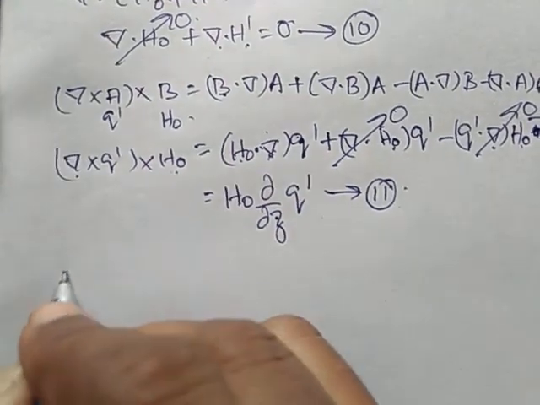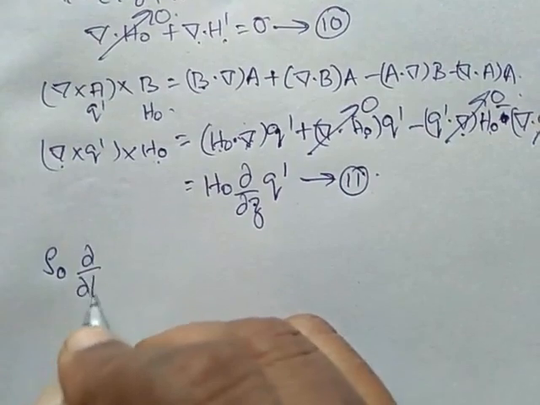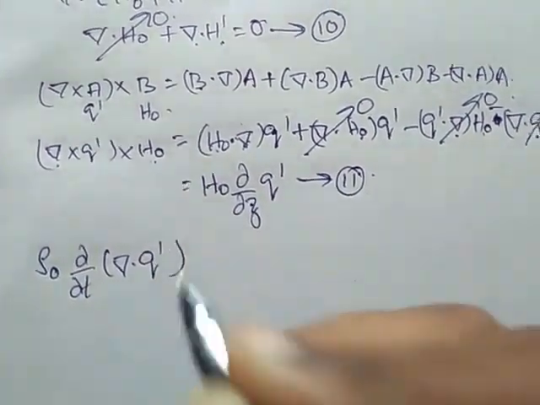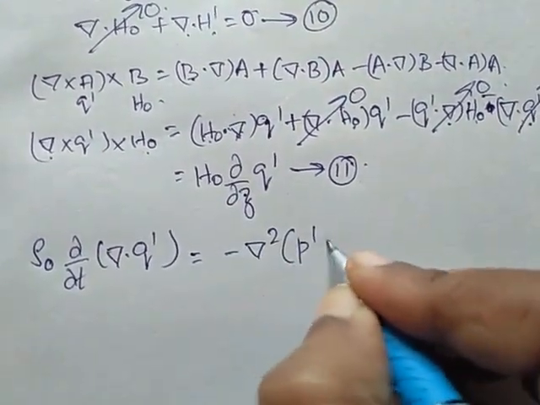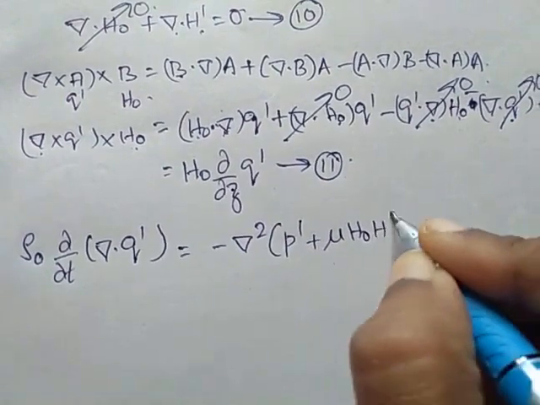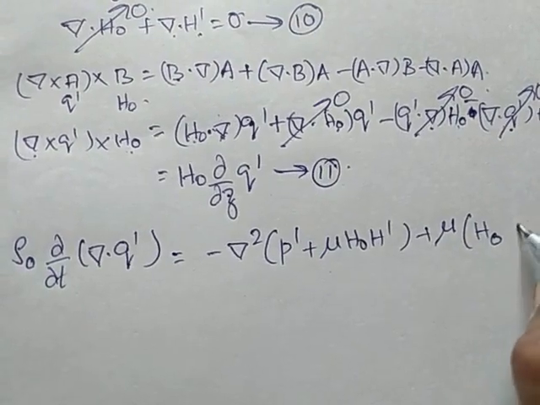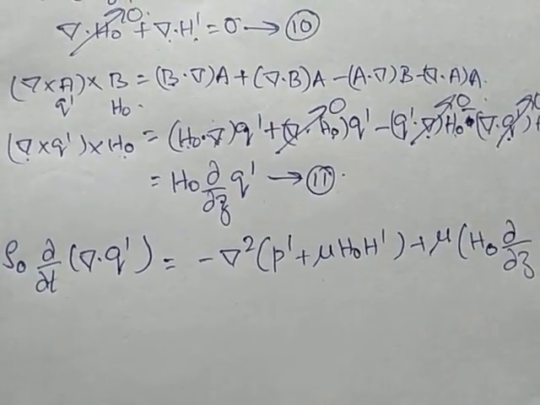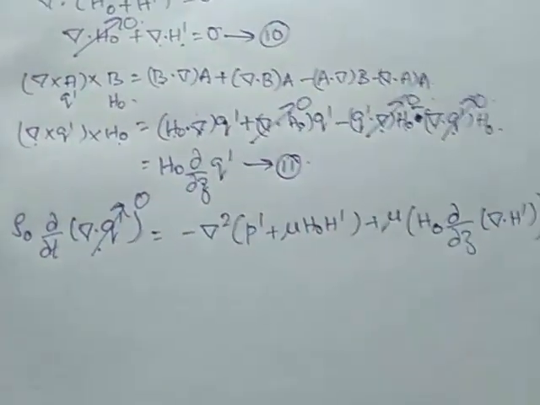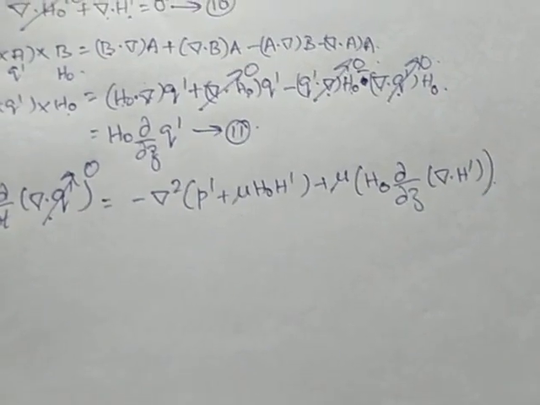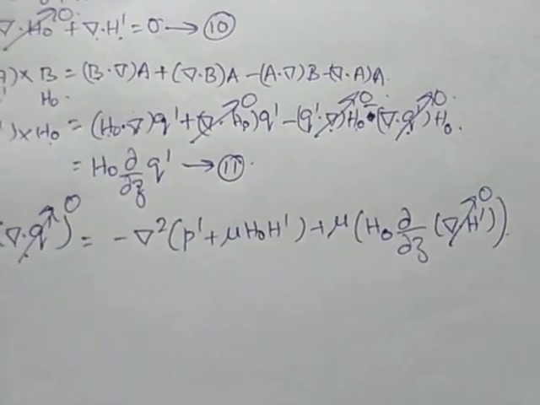If I take the divergence on both sides of equation 8, I get ρ₀ ∂/∂t of ∇·Q' is equal to minus ∇²P' plus μH₀ ∇H' plus μH₀ ∂/∂z of ∇·H'. So ∇·Q' is 0 from our equation 9, and from our equation 10, ∇·H' is also 0.